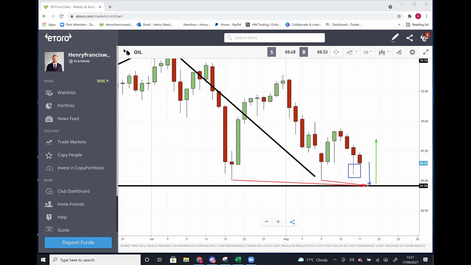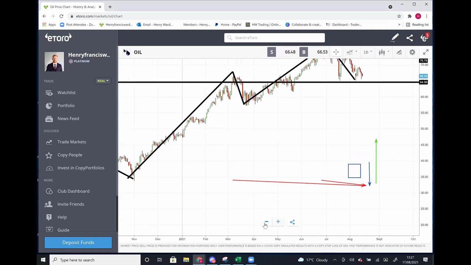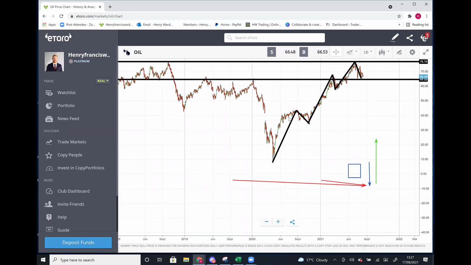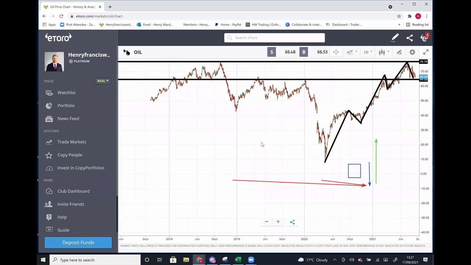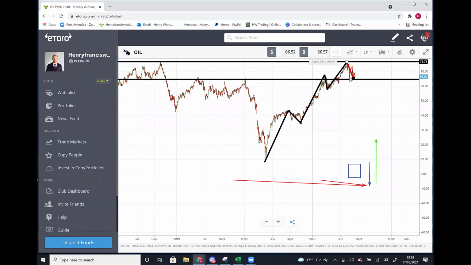Why? Because this has now hit a level. If I zoom out, which I did previously, and look at this: bounce, bounce, bounce, bounce, bounce, bounce, okay? And we're in that area, we're in that zone.